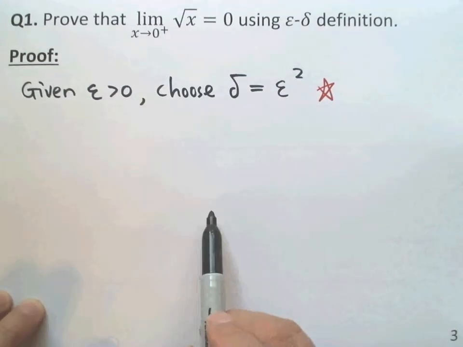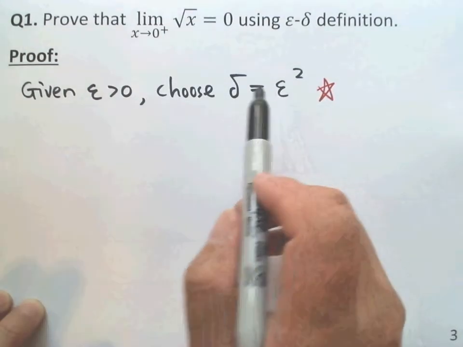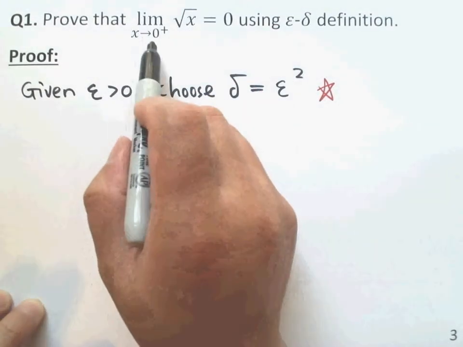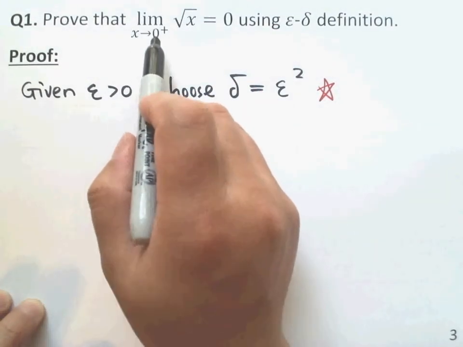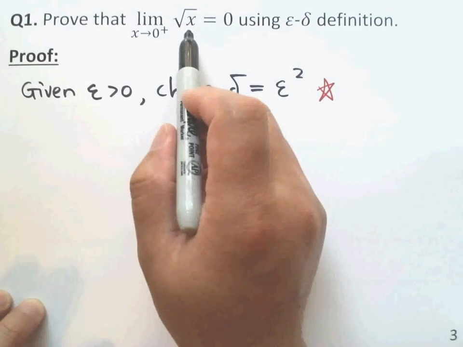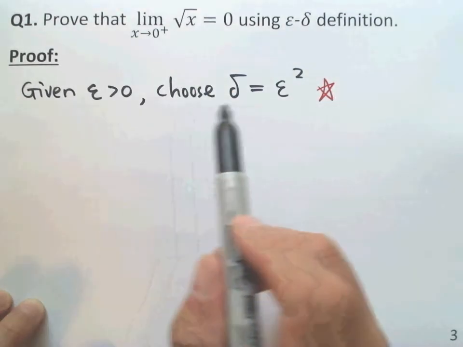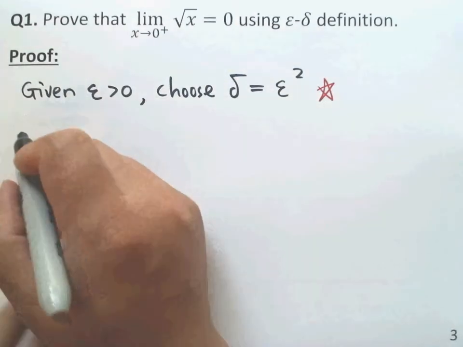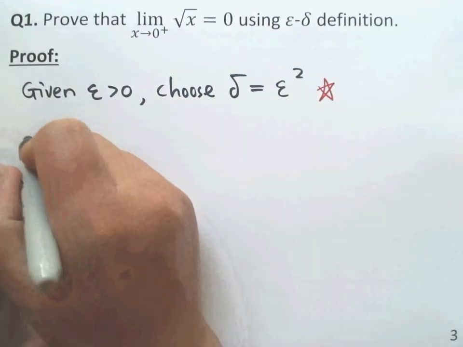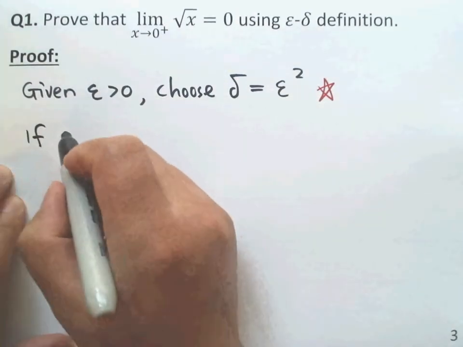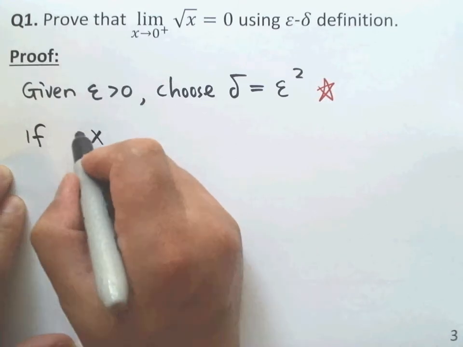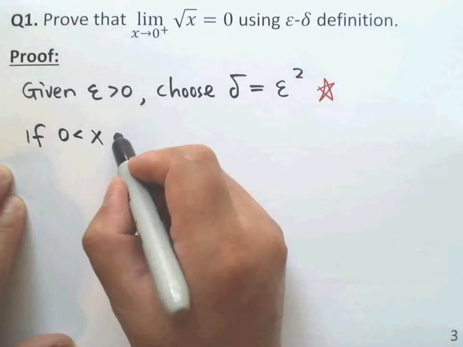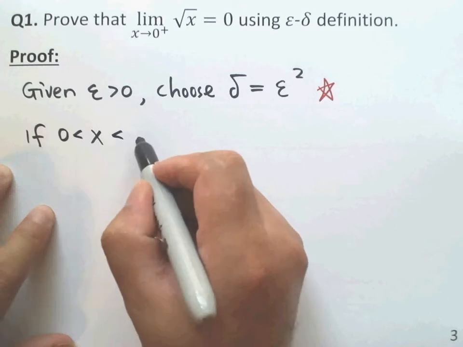What is the statement? If x is going to the delta neighborhood of 0, and the function f is going to the epsilon neighborhood of this 0, right? Okay, so let me write down: if x greater than 0, less than delta.